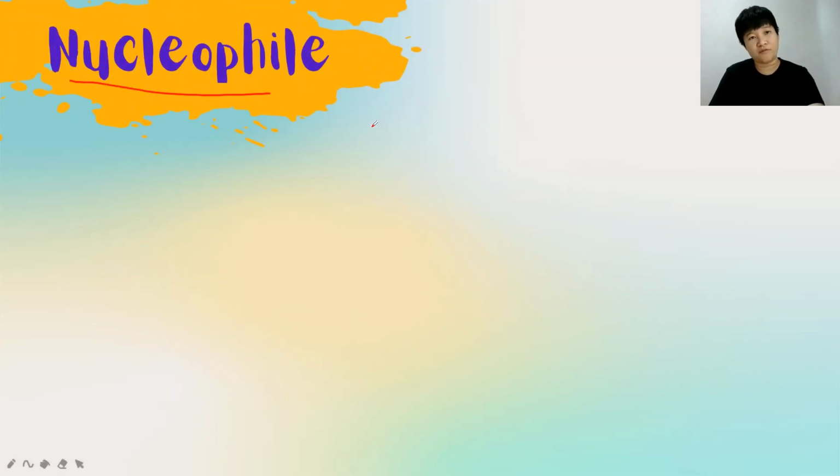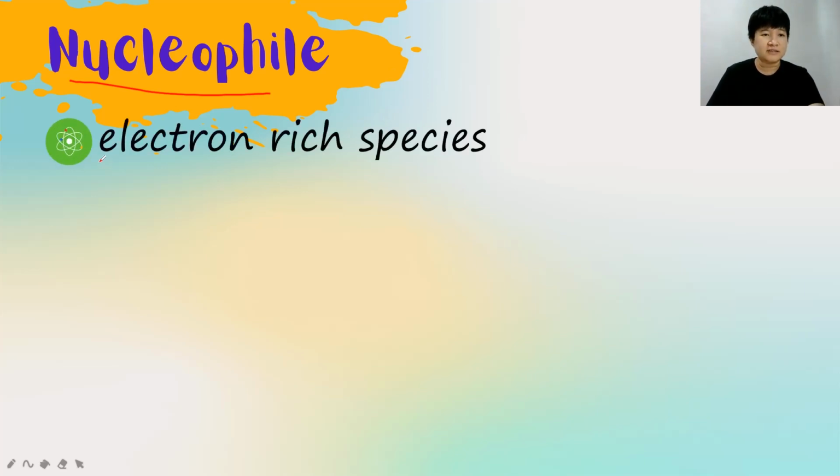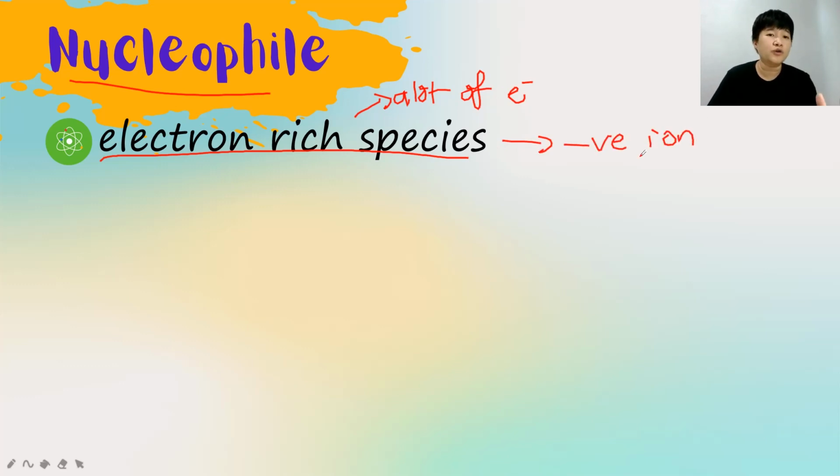So what is a nucleophile? A nucleophile is the vice versa of an electrophile. A nucleophile is an electron-rich species. You have a lot of electrons. You are very, very rich with electrons. In other words, you will normally be a negatively charged ion. Alright, all your anions will be nucleophiles, your electron-rich species.